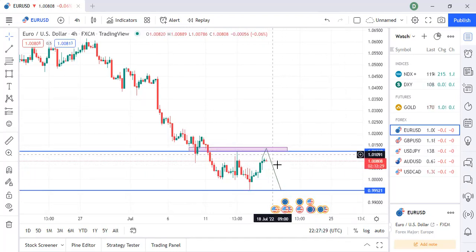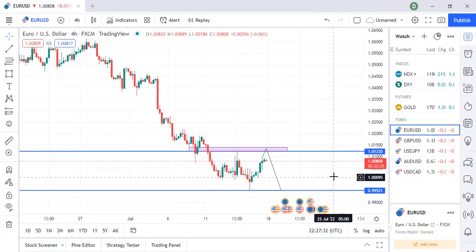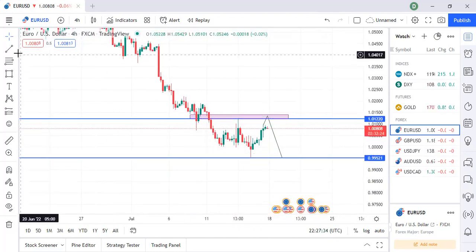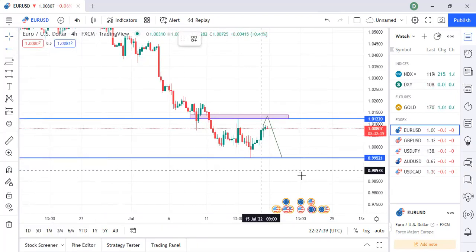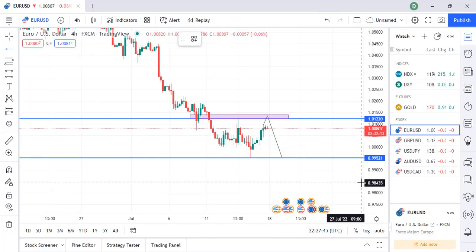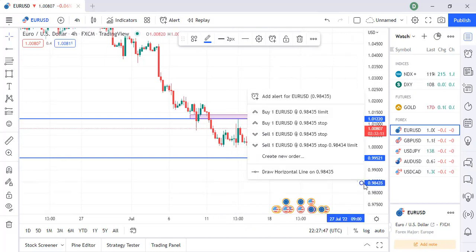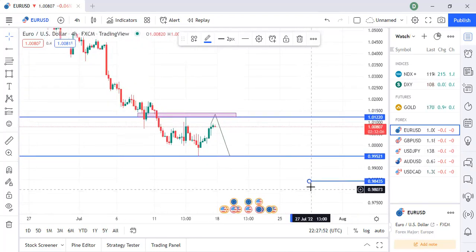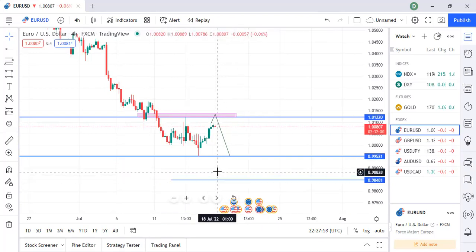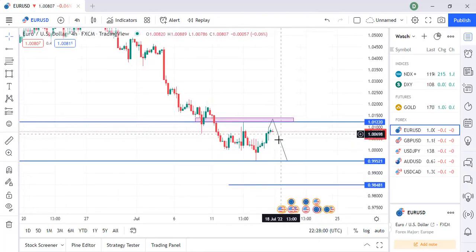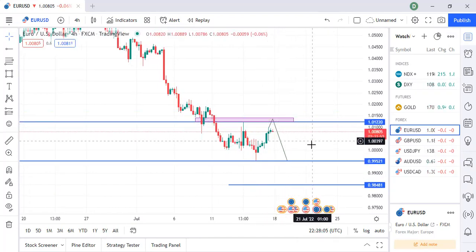Now, if I'm taking this trade, this will be my first target, but I'll be expecting EURUSD to give us a move to somewhere around 0.98. That is where my main target will be, but I'll take a partial profit when price gets to this area if I make an entry over here.